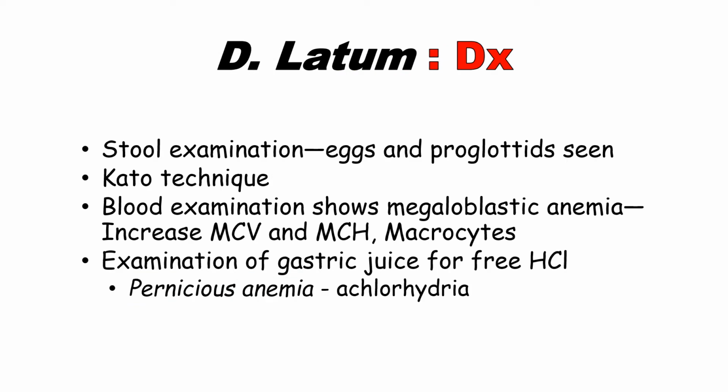So we can perform a direct fecal smear to detect the presence of eggs, operculated eggs, and proglottids. And we can also perform Kato technique. And for the anemia, no, tendency is that we can check for an increased MCV or the mean corpuscular volume and MCH or the mean corpuscular hemoglobin. So, MCV, it usually associated ni siya, guys, sa mga large size or sa size mismo sang RBC.